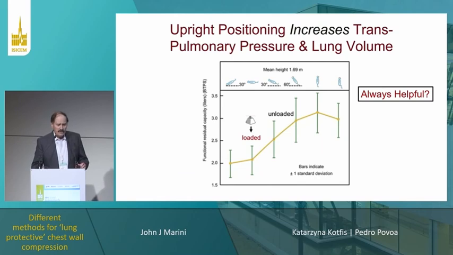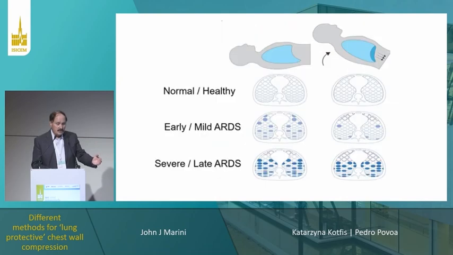Now, those of us who have been classically trained know that position is a very important influence on FRC. And if we think of going to the horizontal position, it's actually a loading condition. And if we sit the patient up, it's an unloading position. But loading may be beneficial. So is it a good thing to try to go horizontal in these patients?